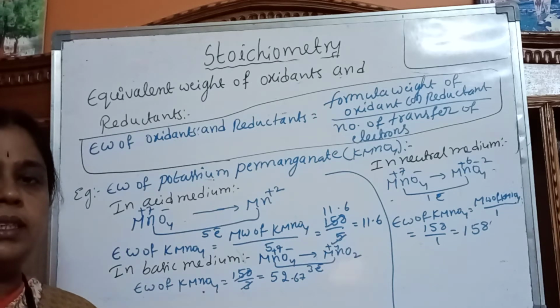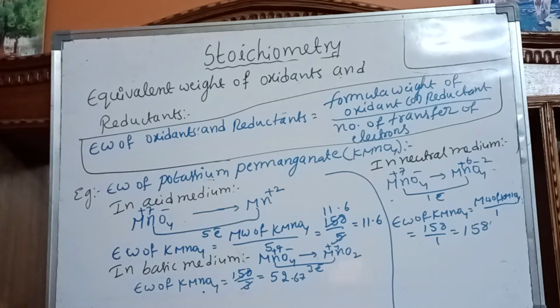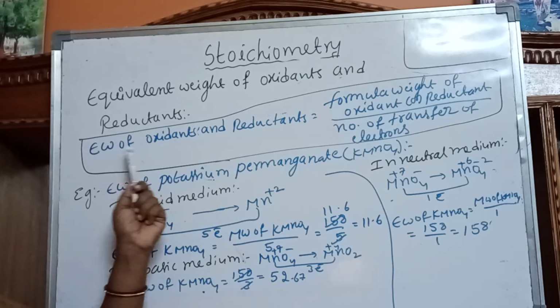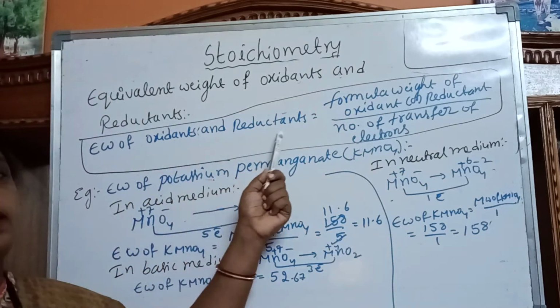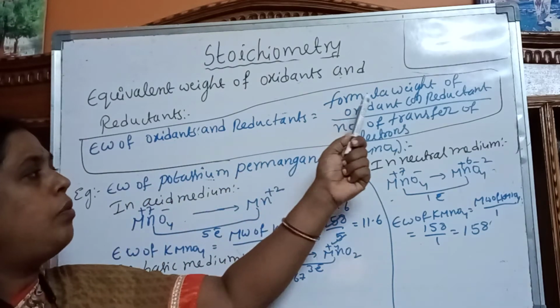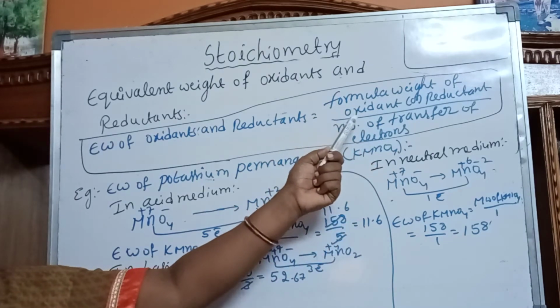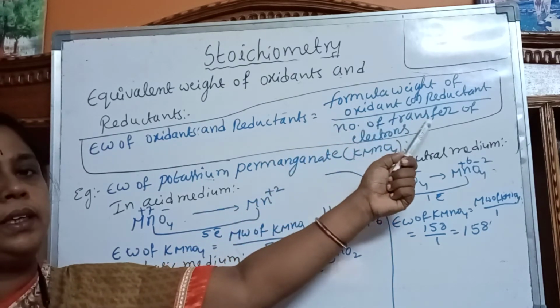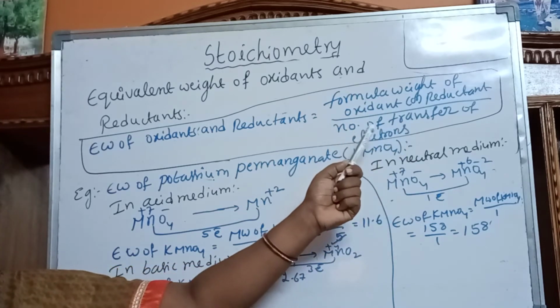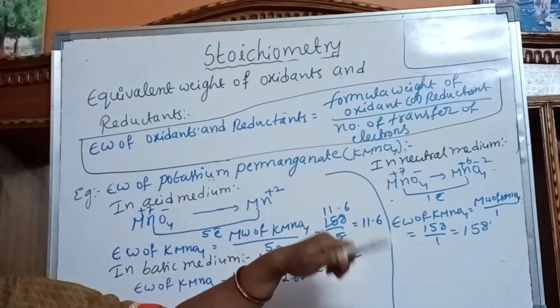A reductant is the substance which reduces another substance in a reaction. For that, the formula is: equivalent weight of oxidants and reductants is equal to the formula weight or molecular weight of the oxidant or reductant by the number of electrons transferred in a reaction.